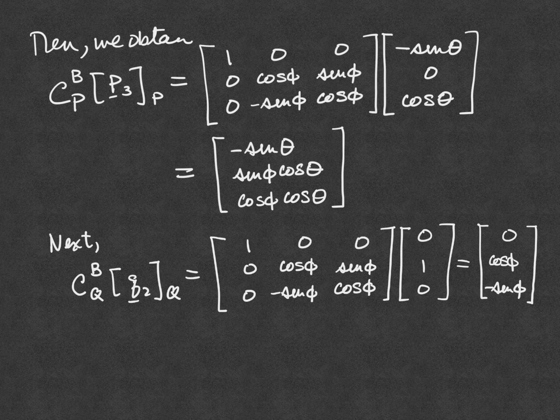And now we can take these results and put them together to compute the angular velocity of B in A expressed in body fixed coordinates.